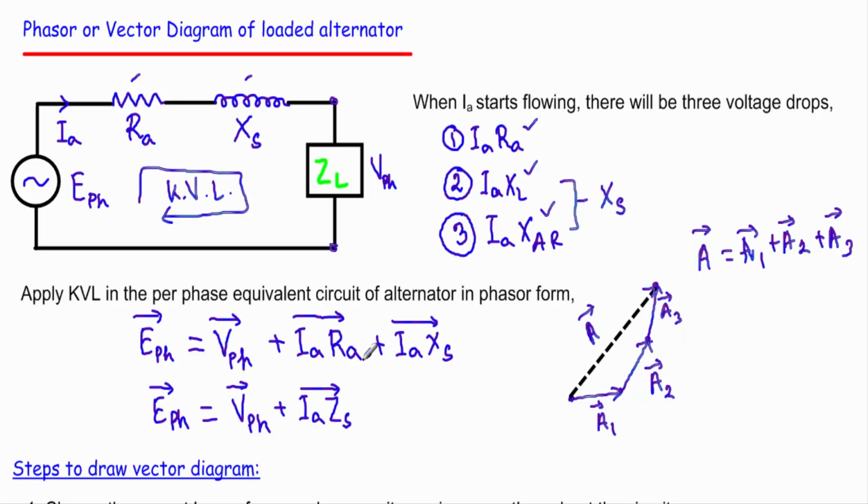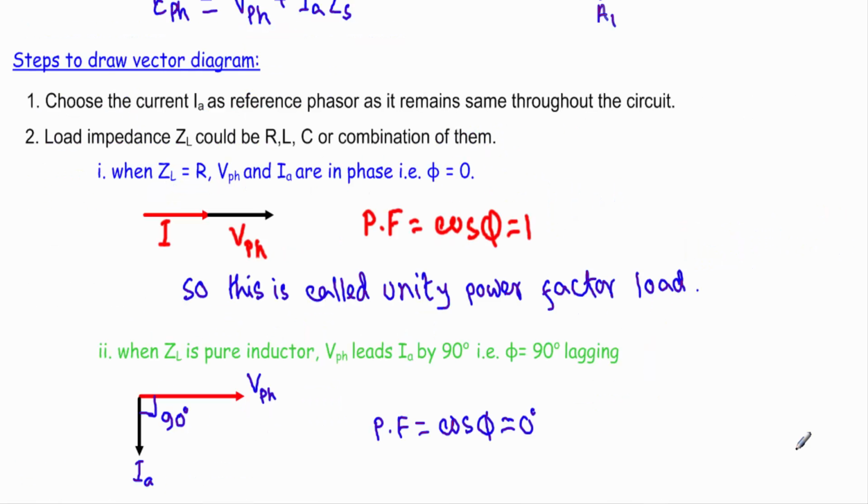If I add all these three, I will get our EPH. I am discussing the prerequisites, the basic knowledge you have to know to draw the vector diagram of a loaded alternator.